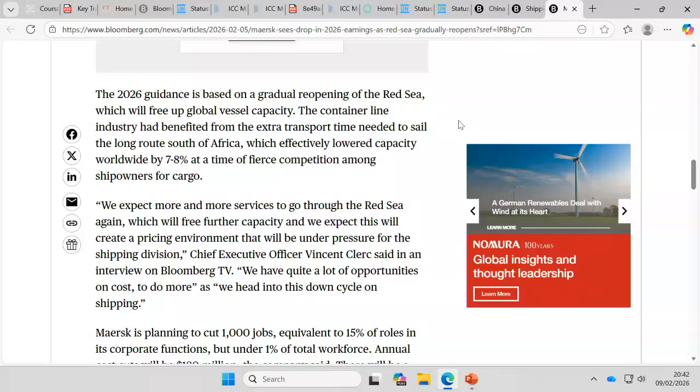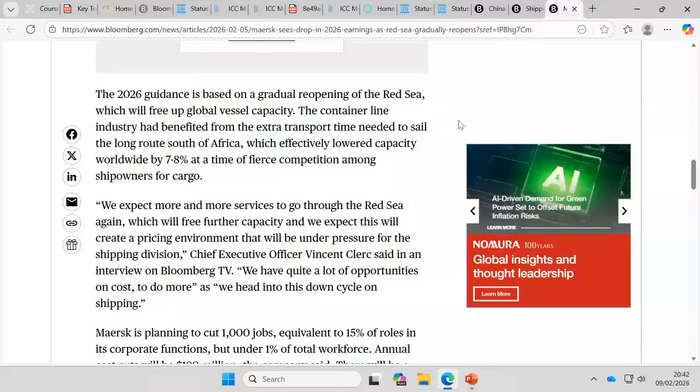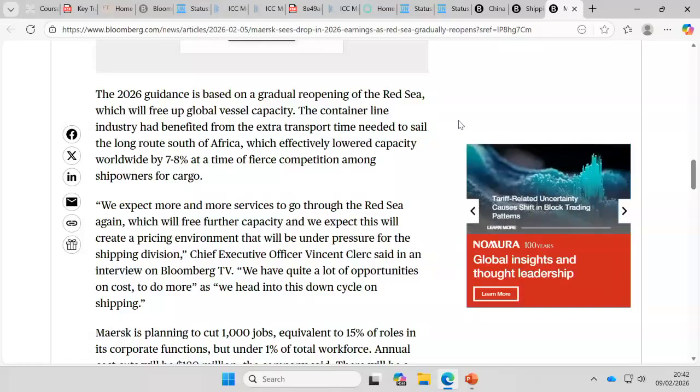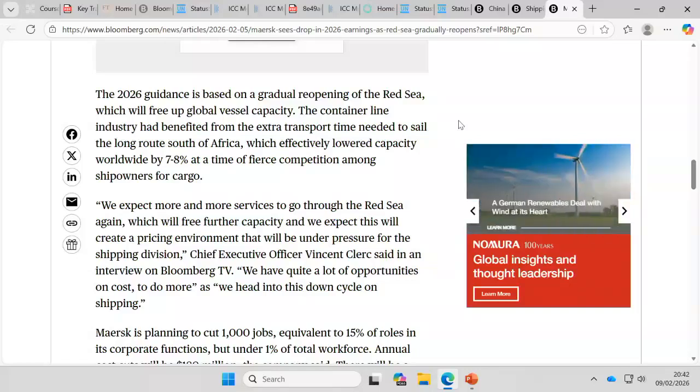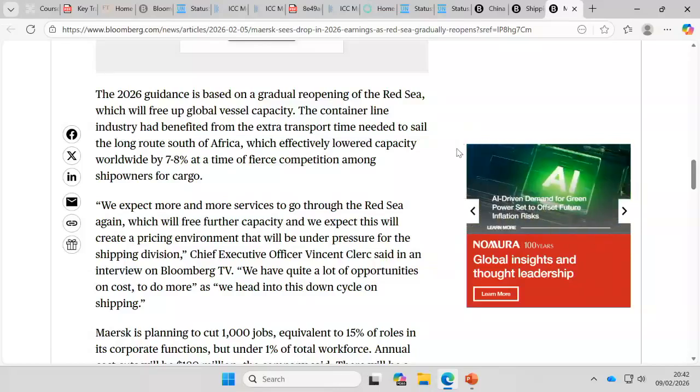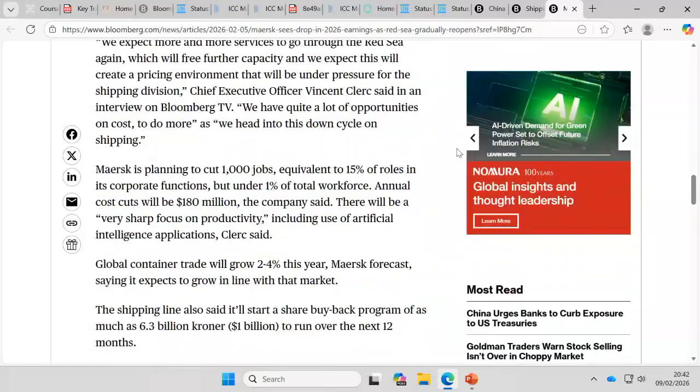2026 guidance is based on a gradual reopening of the Red Sea, which will free up global vessel capacity. The container line industry had benefited from the extra transport time needed to sail the long route south of Africa, which effectively lowered capacity worldwide by 7 to 8% at a time of fierce competition among ship owners for cargoes.